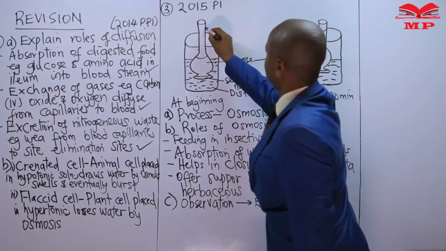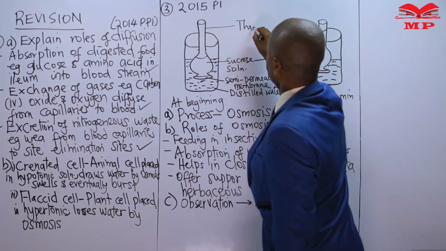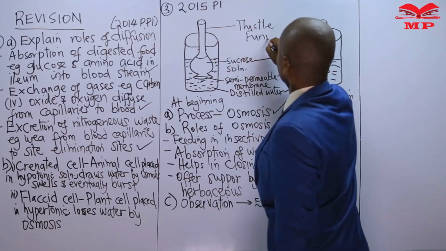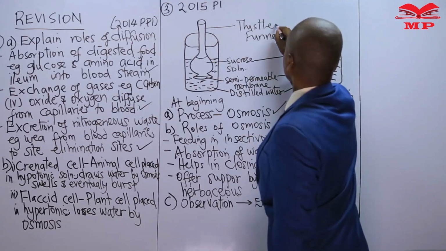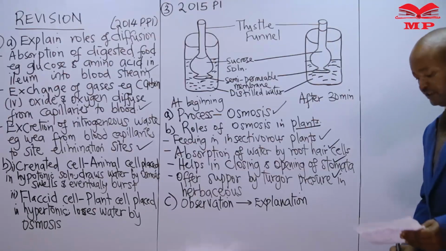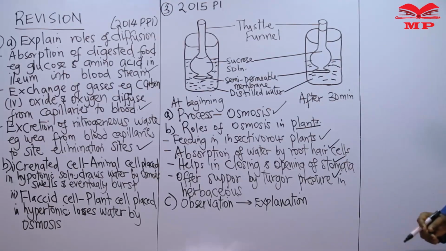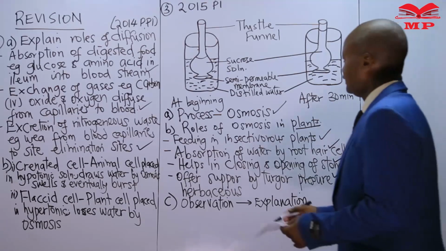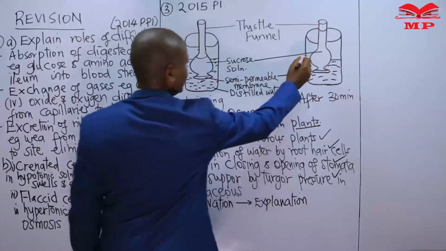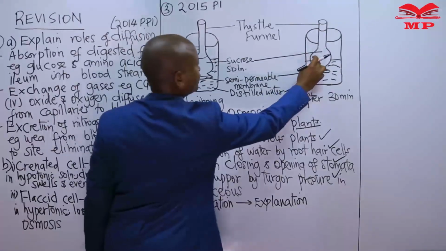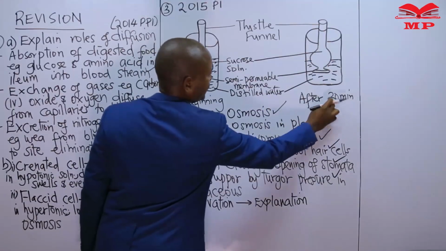So this is the thistle funnel that is being used. So here we make the observation. Those observations, we have already made them. We are saying there is an increase in the level of sucrose, because we are making reference to the experiment after 30 minutes.